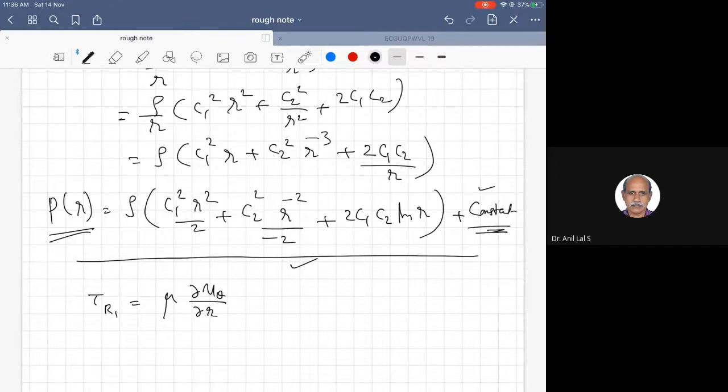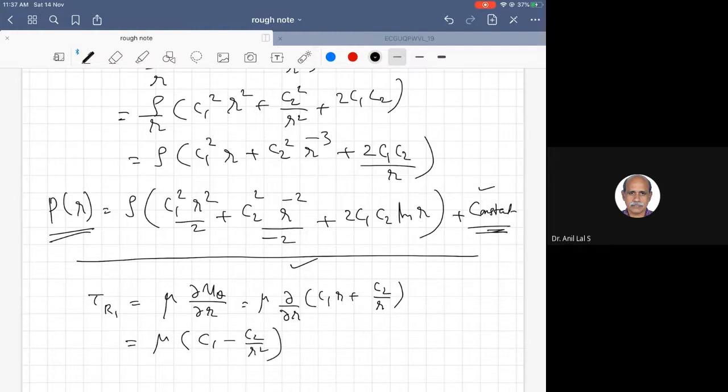At any point, it is mu into dou u theta by dou r. So that is mu into dou by dou r of C1 R plus C2 by R. So mu into C1 minus C2 by R squared.